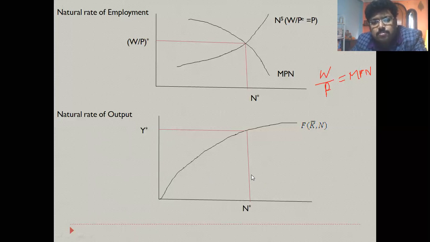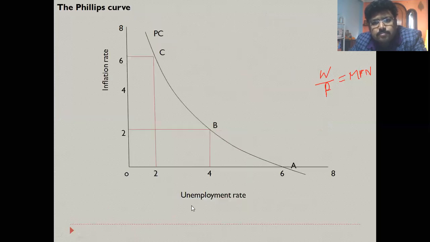Now we consider the Phillips curve. Look, this is the Phillips curve. Along the horizontal axis we measure the unemployment rate, and along the vertical axis we measure the inflation. And it's shaped like this.